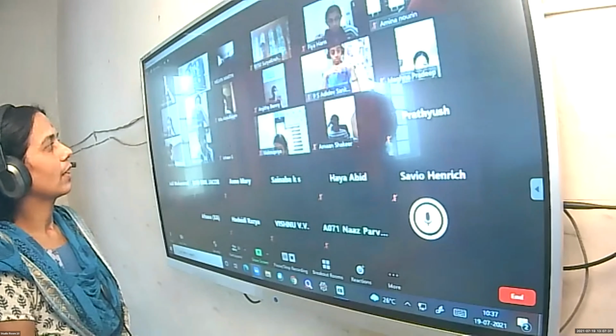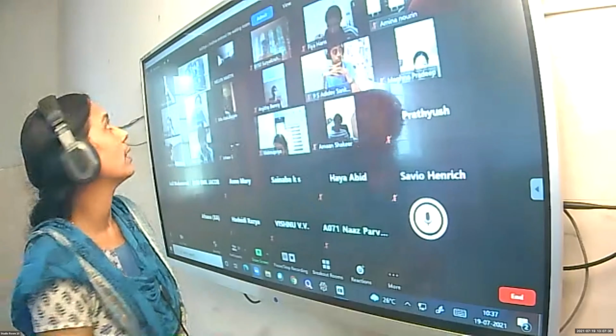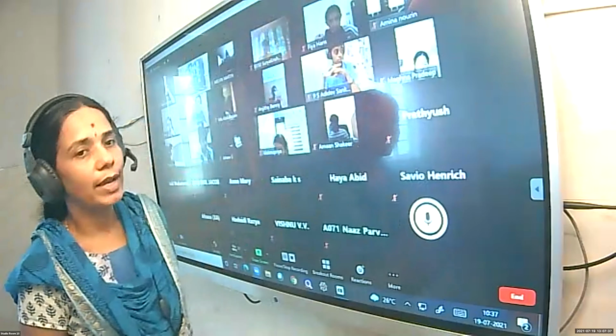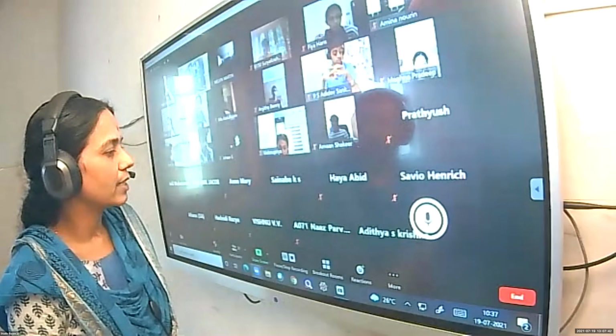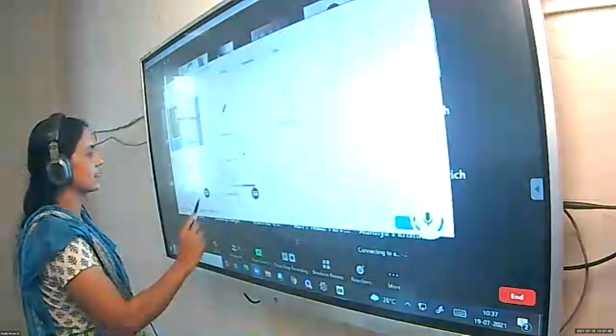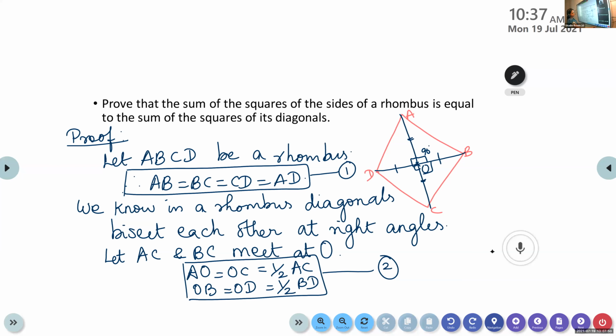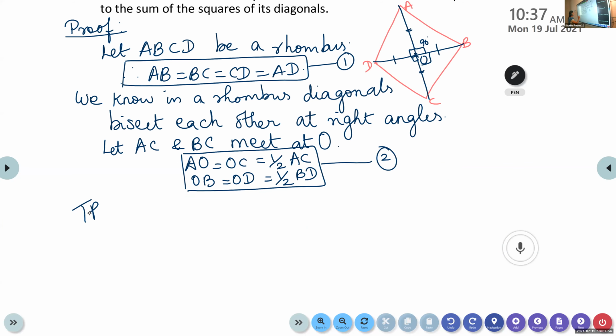That is, you have to prove sum of squares of the sides is equal to sum of squares of the diagonals. So that is what we have to prove.